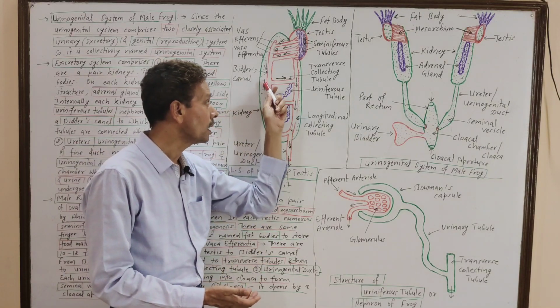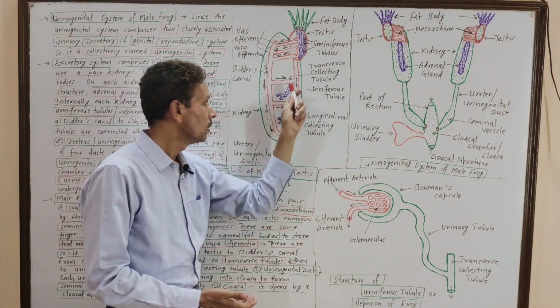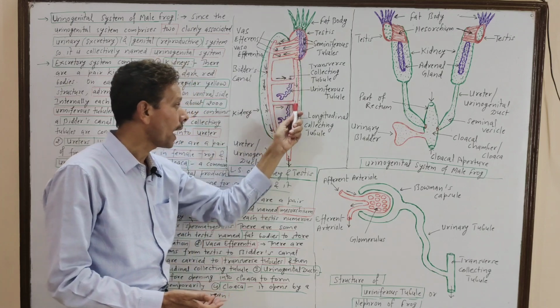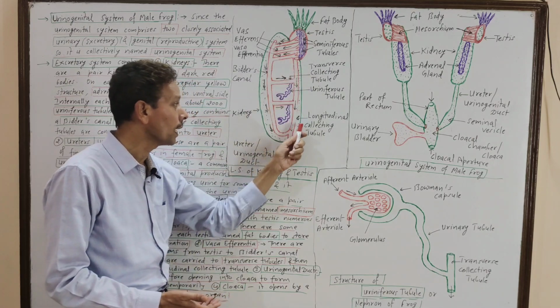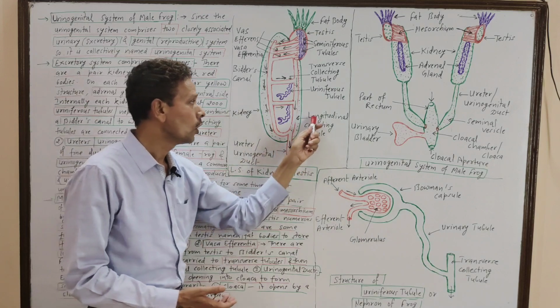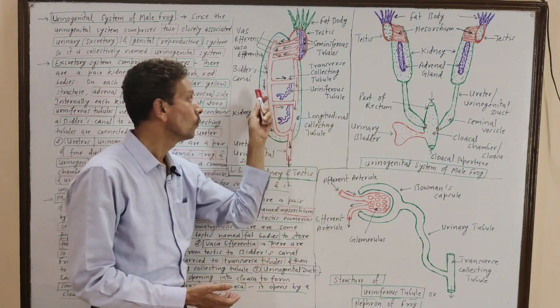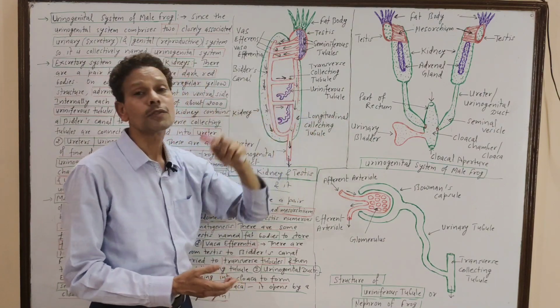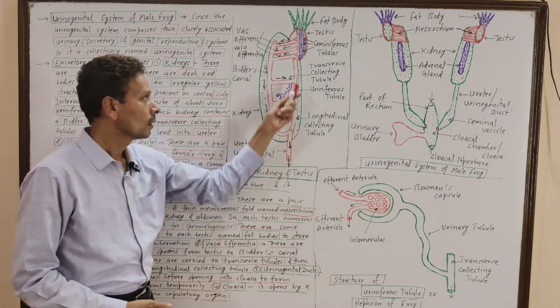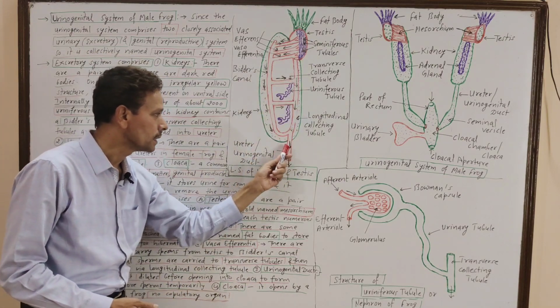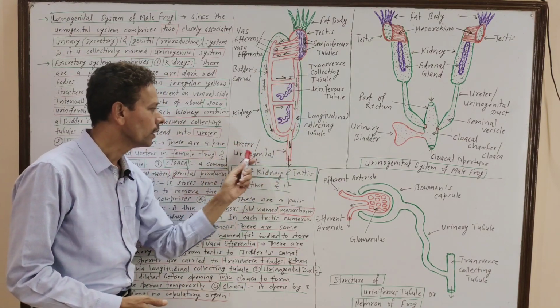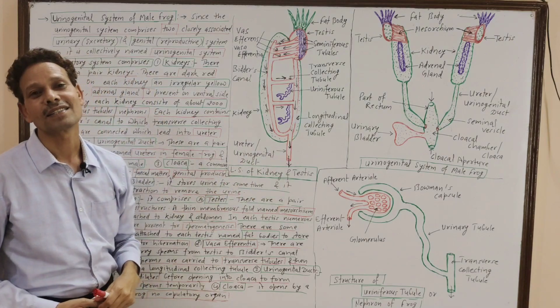From this Bidder's canal, the products are carried into another longitudinal canal, the longitudinal collecting tubule, via transverse collecting tubules, and it finally opens into the ureter or urinogenital duct.